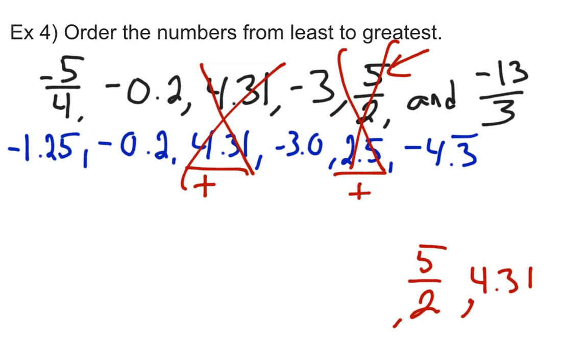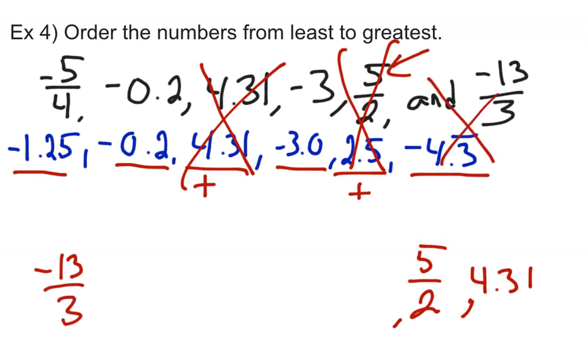Now I have to look at the other numbers. Remember, with a negative number, the larger the number really means the smaller it is. So when I look at this, this is a negative 1 point something, negative 0 point something, negative 3, negative 4.3. The negative 4.3 is the furthest away from 0. That's the smallest, and that originally was negative 13 over 3.